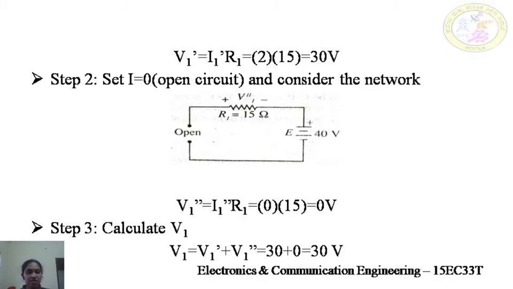Here the current is 0 because the network is open circuited. 0 into 15 is equal to 0 volt. And in step 3, the total voltage drop across 15 ohm resistor is calculated by adding the two voltage drops V1 dash and V1 double dash, that is equal to 30 plus 0 is equal to 30 volt.